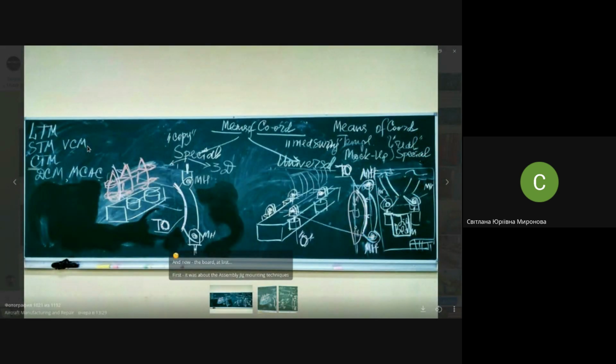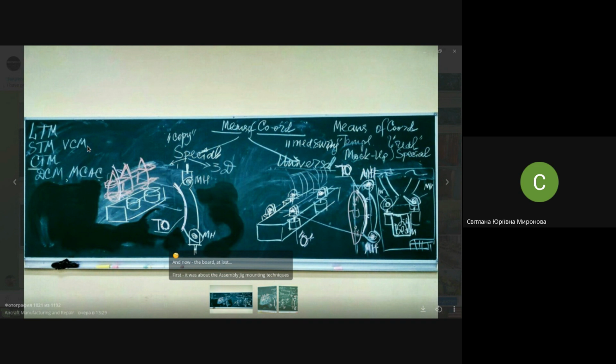A rather similar picture, as for me, however ugly it looks. Methods of coordination. All the methods of coordination, either you use old names like LTM, CTM, VCM, STM, and so on, whatever you have seen in our textbook, or you use the new system of names, which basically relies upon the technique of combination, or way of combination, or pattern of combination, origin of coordination and means of coordination.